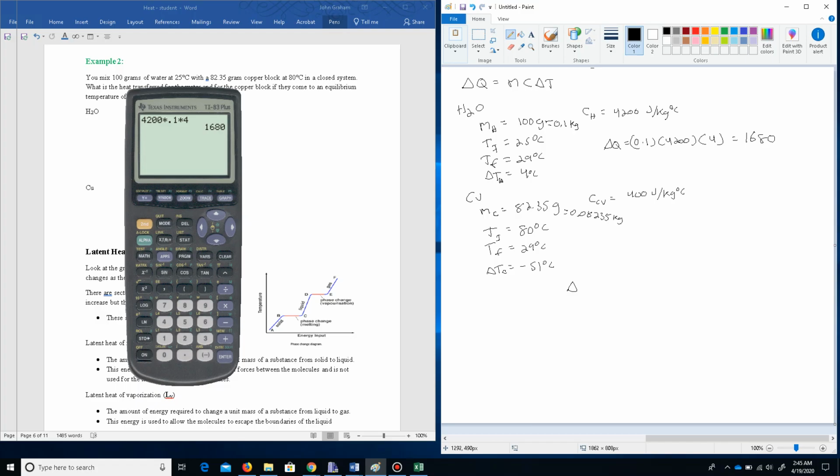Change in heat, the copper, the mass is 0.08235 times 400. And this was joules, times 400 times a negative 51. Okay, so you end up with a negative number because this is negative, these are not. I'm not going to put the negative in because I have it written.